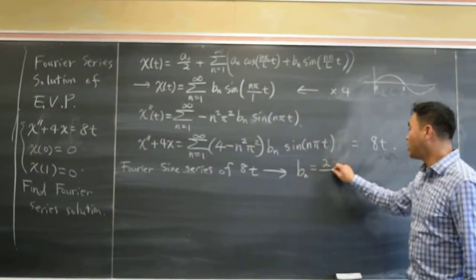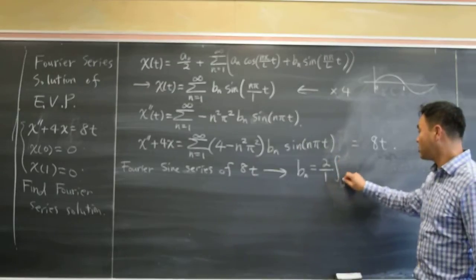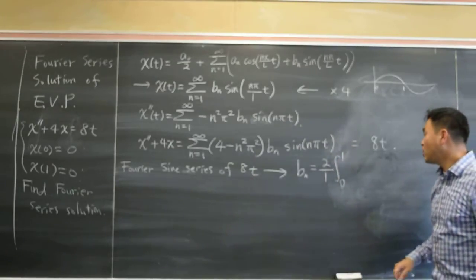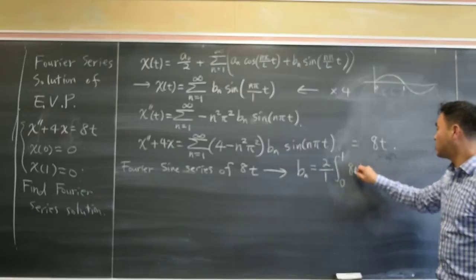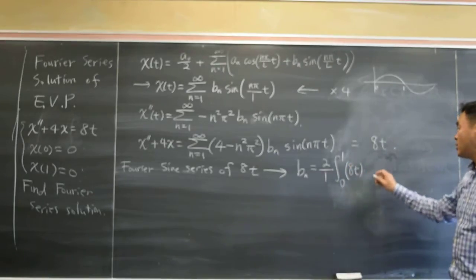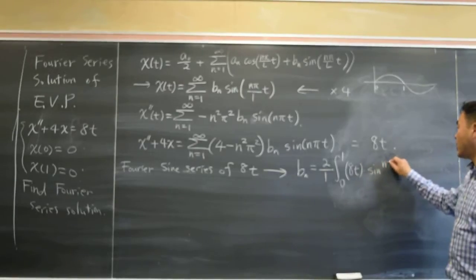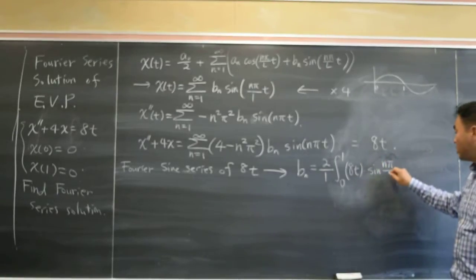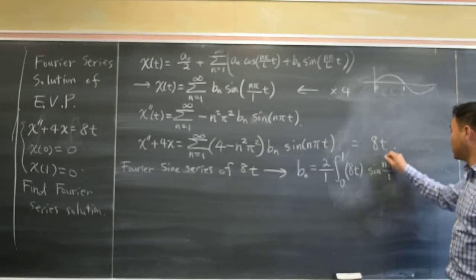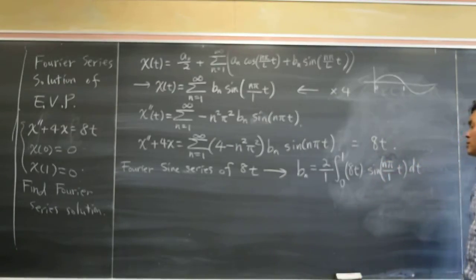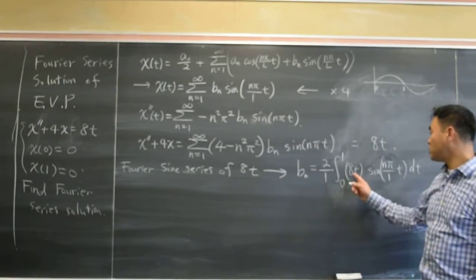It's 2 over L, which is 1 for us, integral from 0 to 1 of the function times sine of n pi over 1 t dt. Okay, that's what we have to compute.